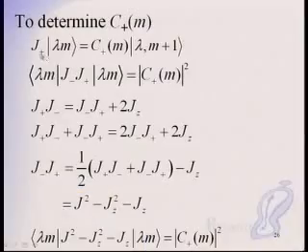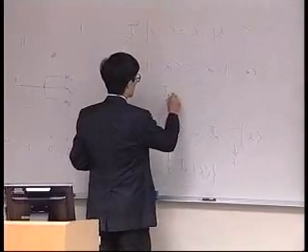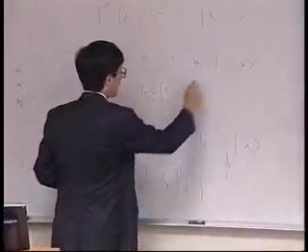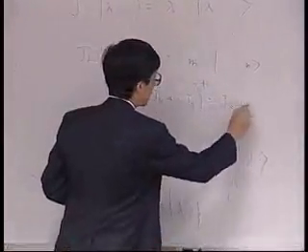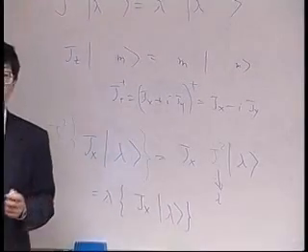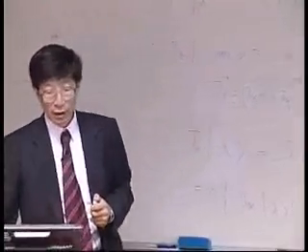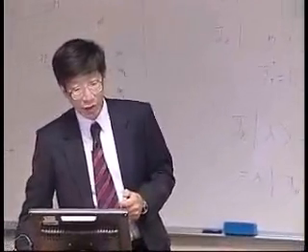So on this side, I multiply by the complex conjugate, I get this thing. Remember, the Hermitian conjugate of J plus is J minus. Okay? Because J plus is Jx plus iJy. So J plus dagger is Jx minus iJy. Jx, Jy, Jz are Hermitian. J plus, J minus are not Hermitian. Okay? So this is the left-hand side. Is that okay?